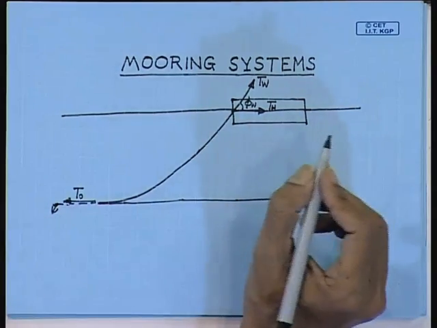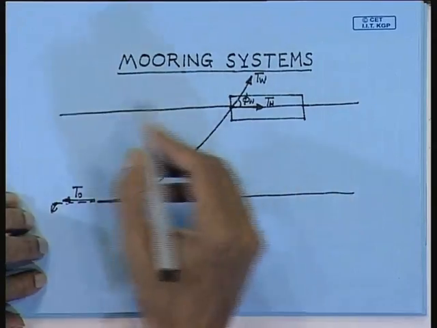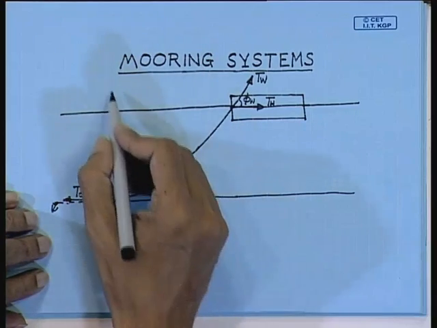So, T0 has to balance your TH, then this is your water depth.